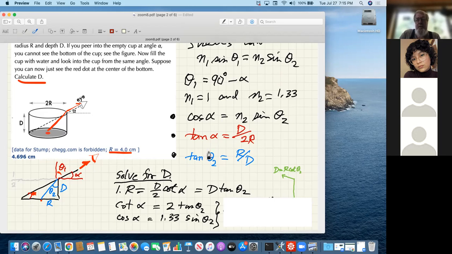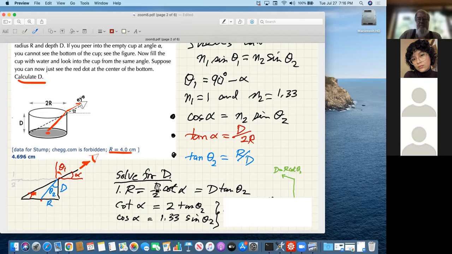And by this equation, R is equal to D tangent theta 2. Now I can cancel D, both sides of the equation. So you see I've eliminated D. Now eventually I have to calculate D, but in the meantime, I've eliminated D, and I can reduce the equations to just two equations for the angles.